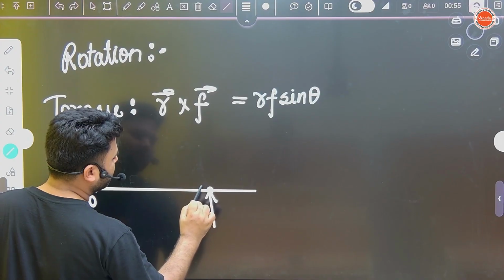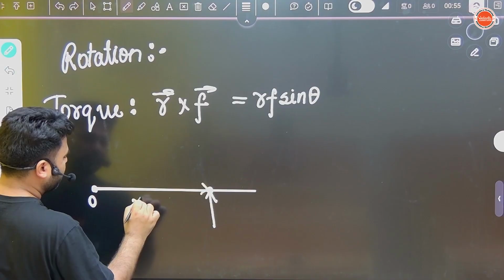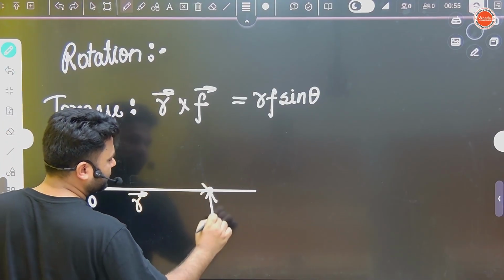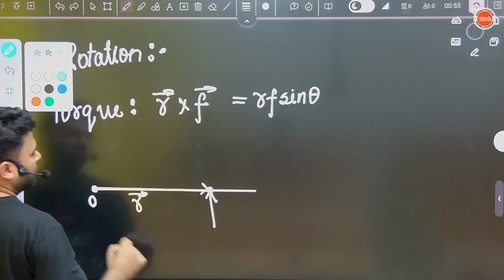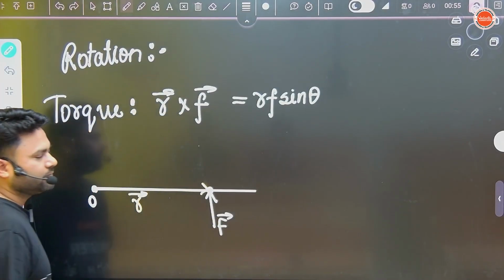This is your R vector, and this is the force. You applied some force F, force vector.